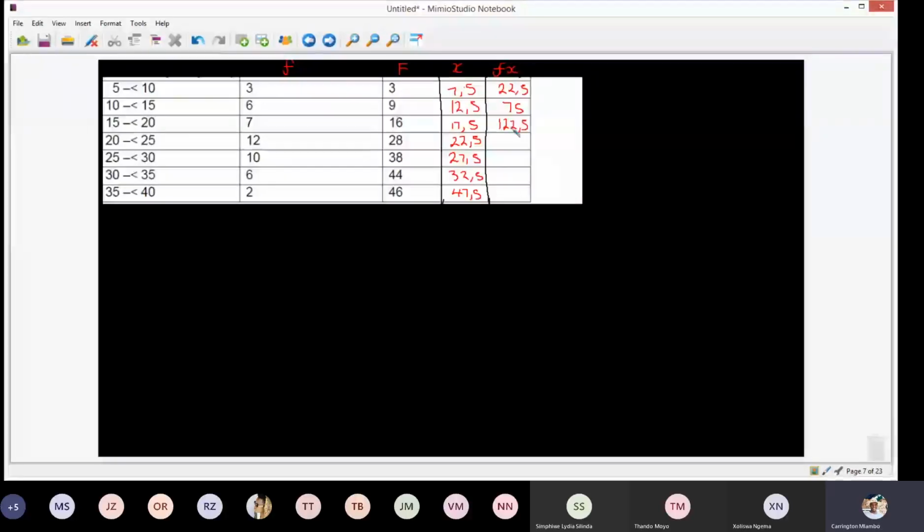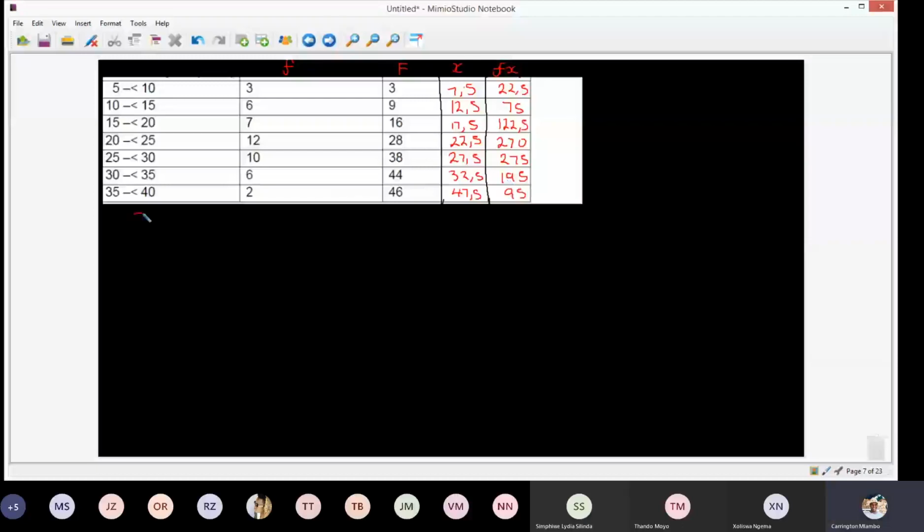Then 12 times 22.5, you get 270. Then we have 10 times 27.5, you get 275. Then 6 times 32.5, you get 195. Then we have 2 times 47.5, then you are going to get 95.